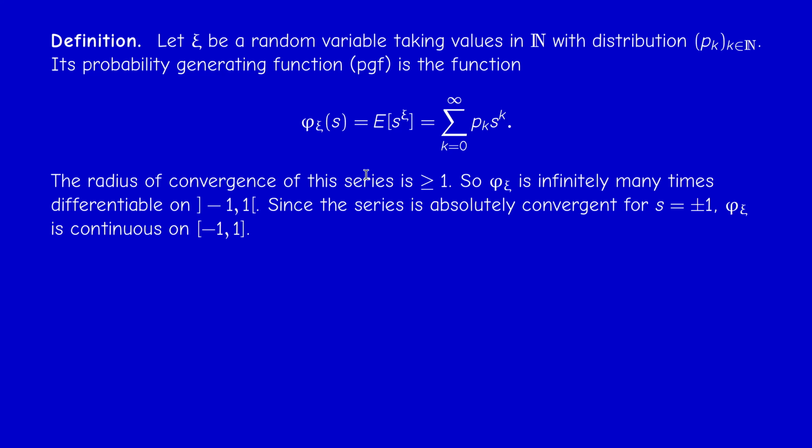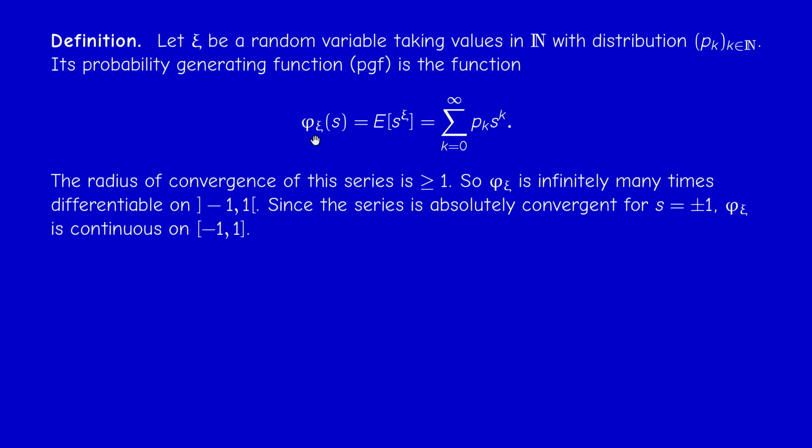So I know that this series is well defined on the interval -1, 1, and it's also continuous, because when s equals plus or minus 1, for s equal 1, I have 1, so it's convergent, and when s equals -1, it's also absolutely convergent, actually.